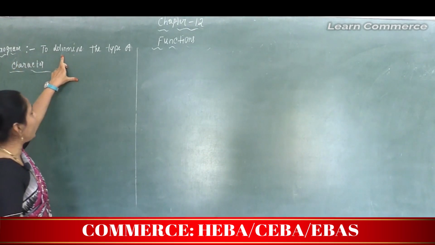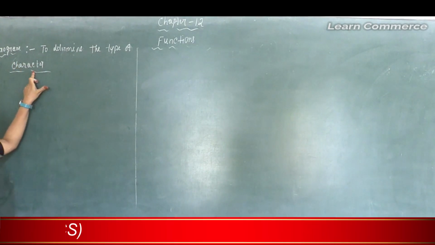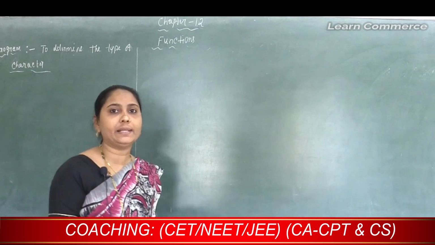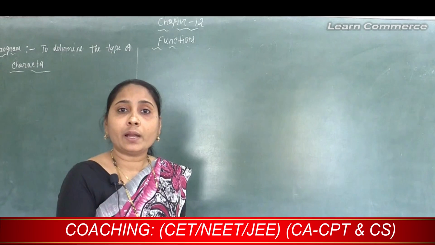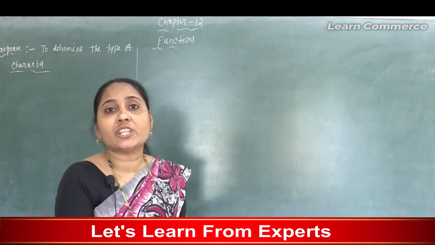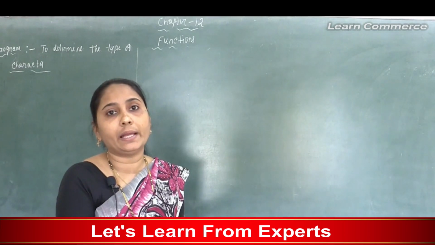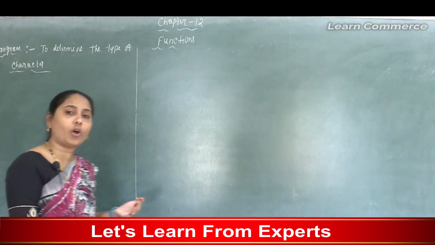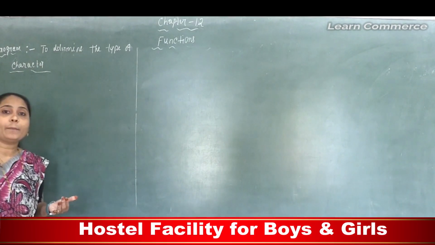So to determine the type of character, I want to find out whatever the character is after completing the program and after the compilation. As we know the meaning of compilation, that means we only check whether there is any problem, whether any error is there in the program or not, that is called compilation here.